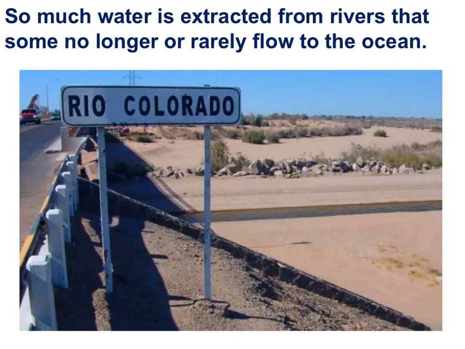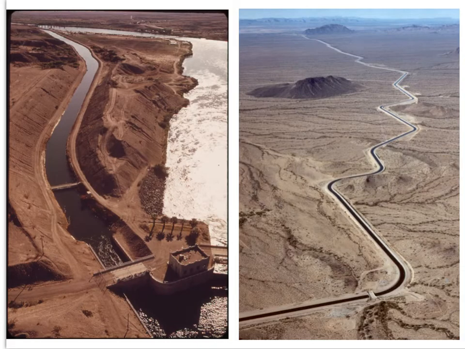ocean. This is a photograph of the Colorado River in Mexico as it approaches its outlet with the ocean, and not much water is left. Water is extracted from the main channel of the river and then moved along canals for great distances, often across arid land.